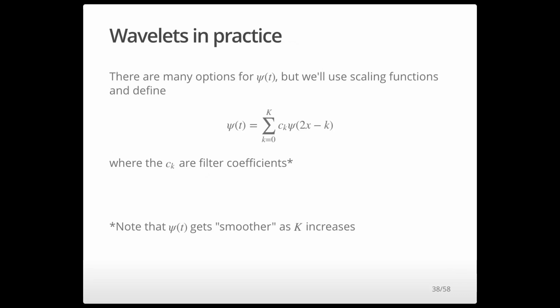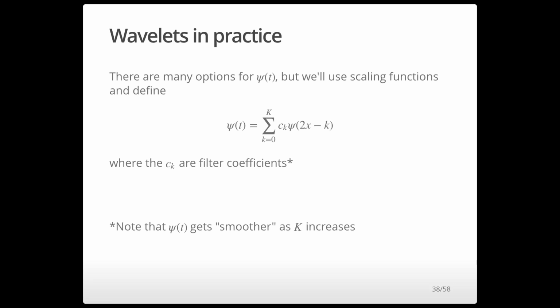Okay, so we have a lot of options for those scaling functions, infinite as it would turn out. But in general with wavelet analysis, we want a situation where we've got some scaling functions here that are weighted, and the sum of those will give us our desired wavelet function overall.